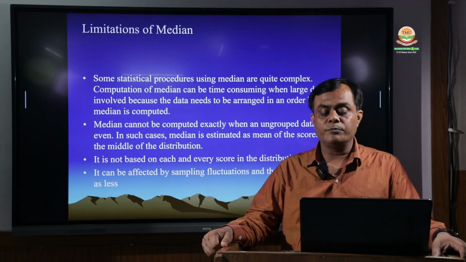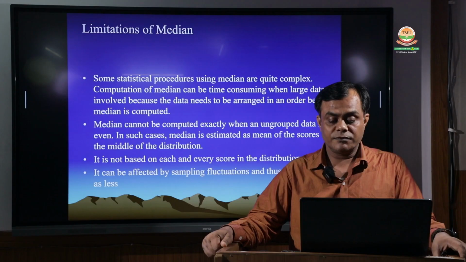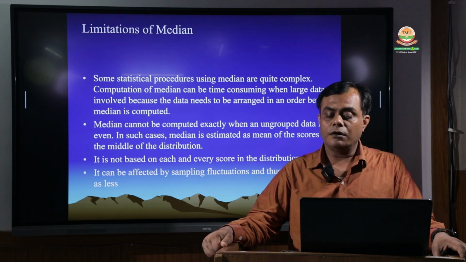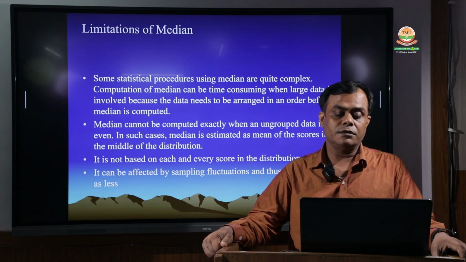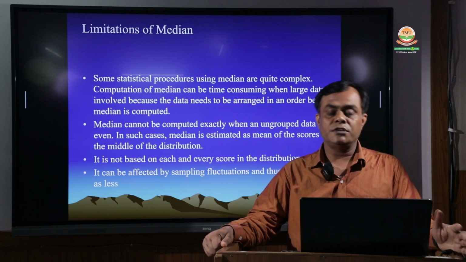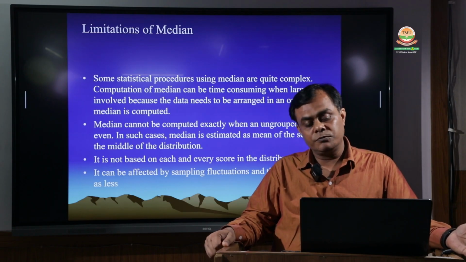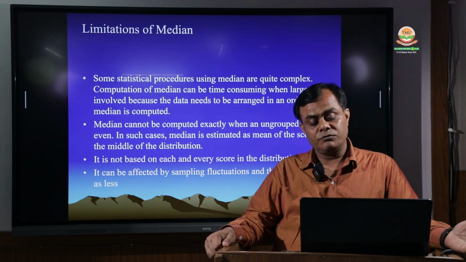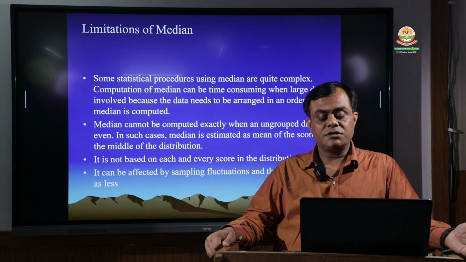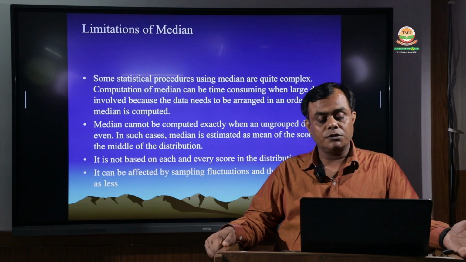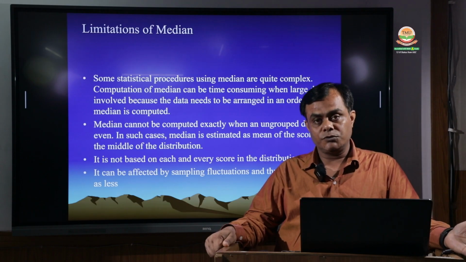The median cannot be computed exactly when the ungrouped data has an even number of scores. So in the ungrouped data situation, it is tough to calculate the median. In such cases, the median is estimated as the mean of the scores in the middle of the distribution.